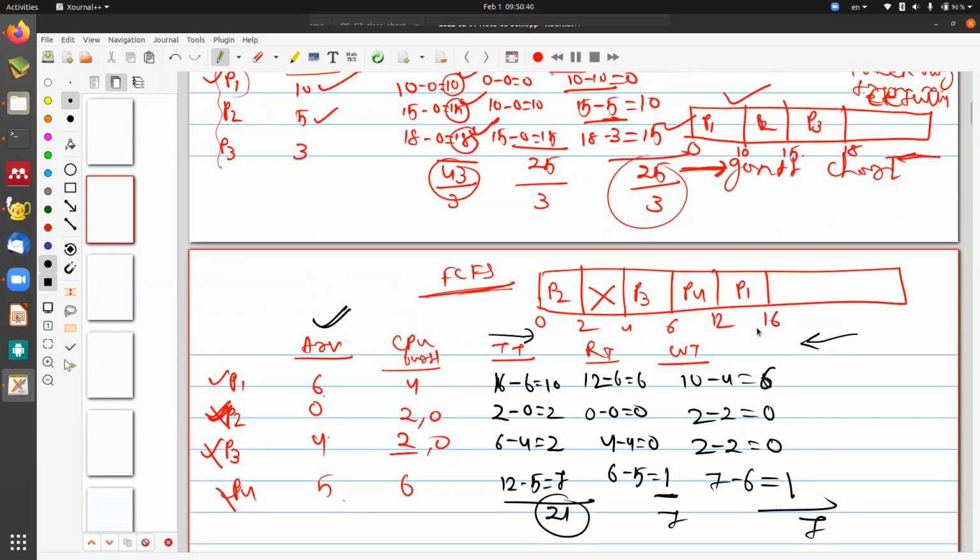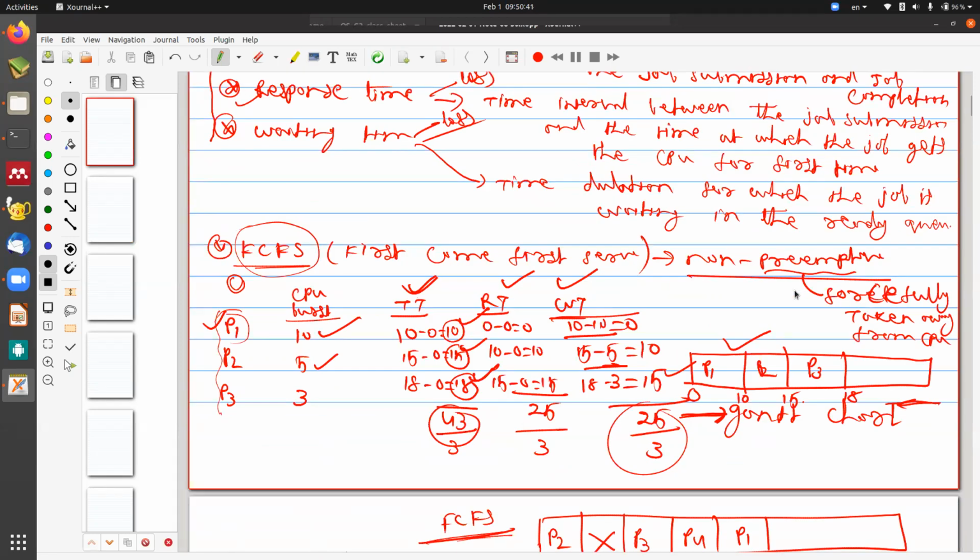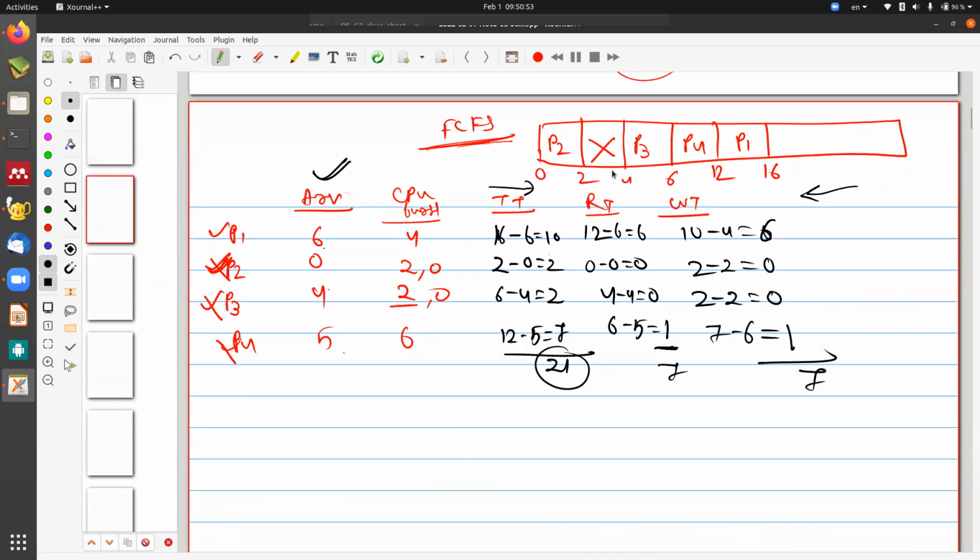Because as per the non-preemptive scheduling, once you enter into the CPU, you will complete. You will not come out. Somebody will not tell you that you have to come out in the middle. So if it is like this, then up to enter तक, जैसे देखिए P4 का 5 o'clock he has entered, but 6 o'clock he has started.